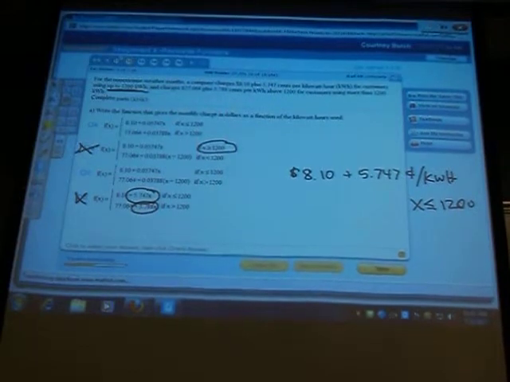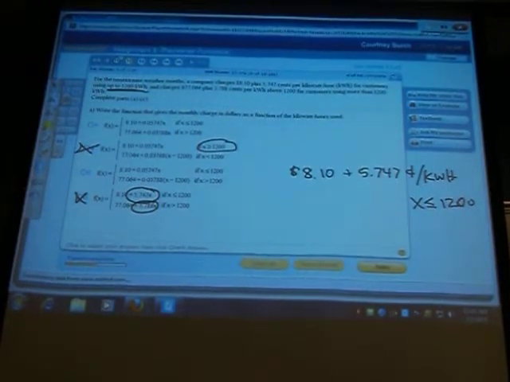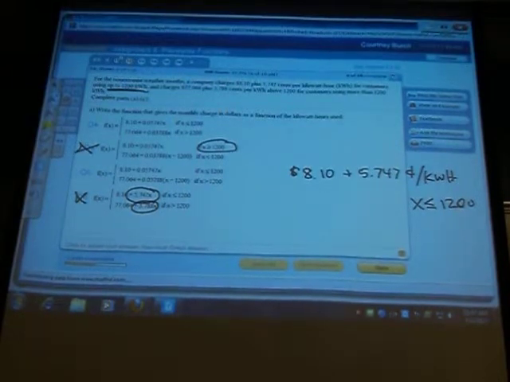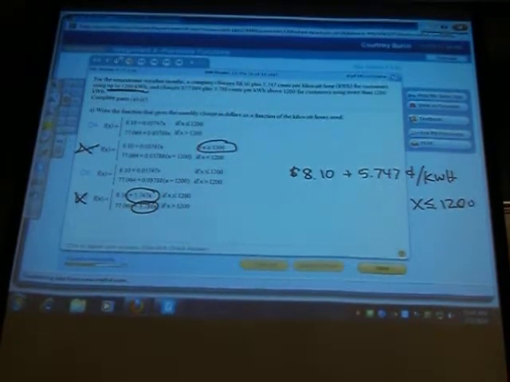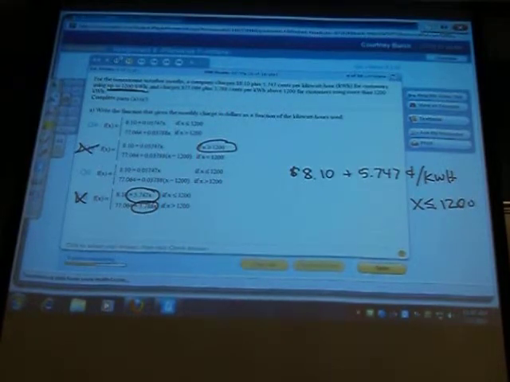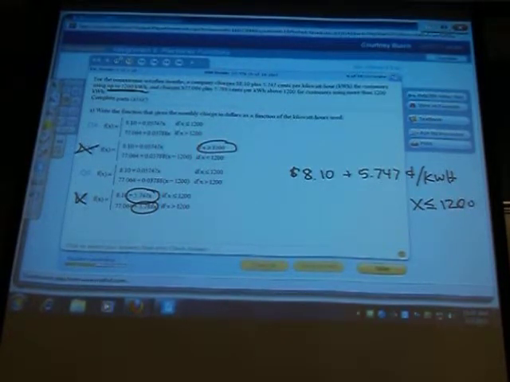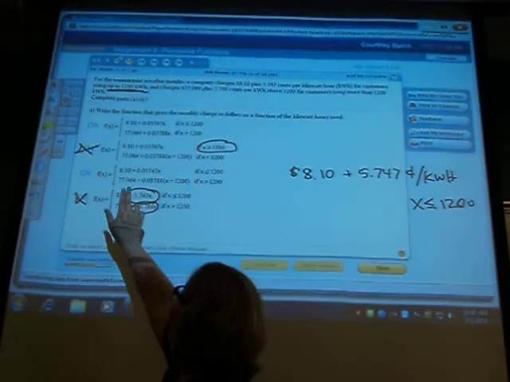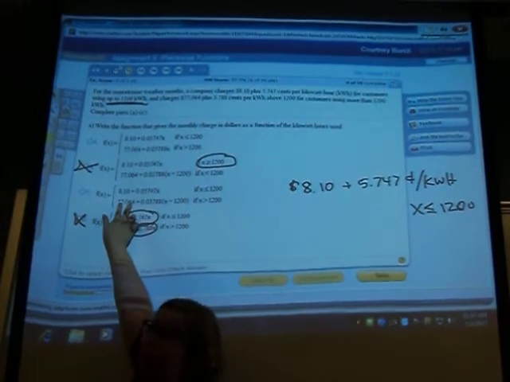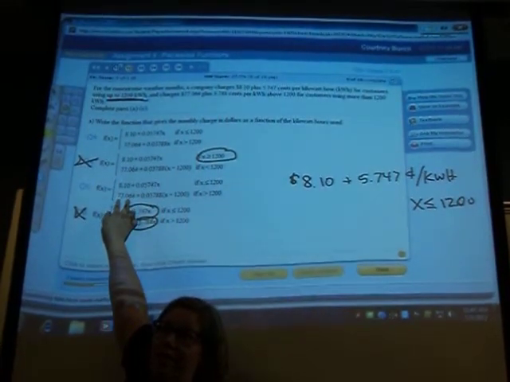Do it now. 8.10 plus 0.05747 times 1200. What do we get? You should get 77.064. You're already paying for the first 1200 in this number.